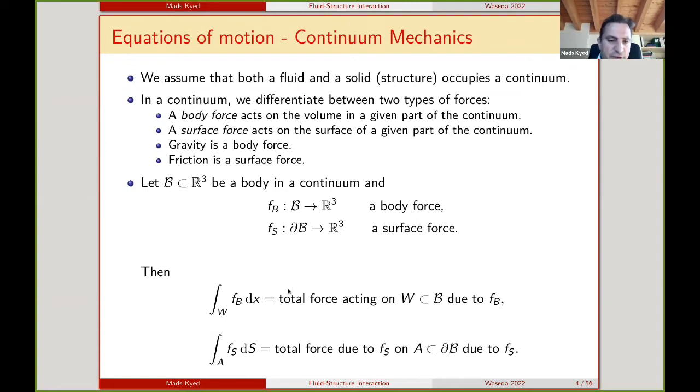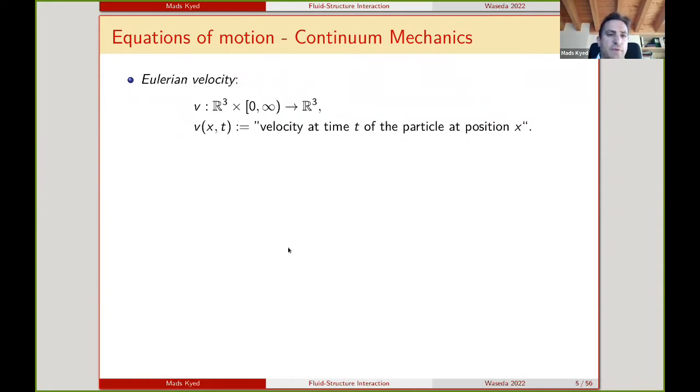This means if you have a function representing a body force in your continuum, then the total force that this force will be exerting on a part here denoted by W of your continuum, you obtain by integrating your point force or density force function, and the same with the surface force. Okay, so that's basic continuum mechanics.